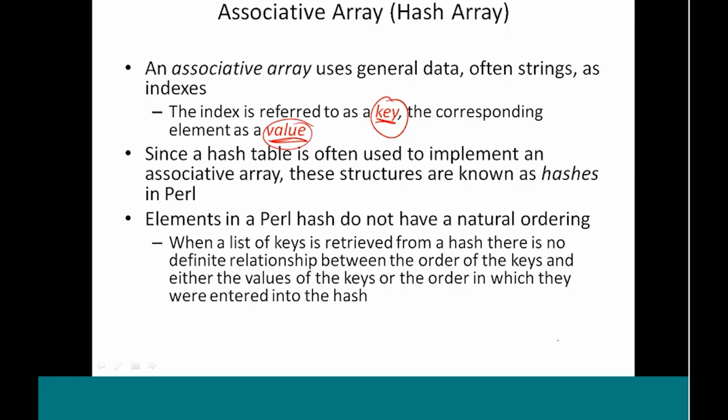So here there is no definite relationship between the order of the keys and either the values of the keys or the order in which they are entered into the hash. We just enter values, and they can be attached anywhere within the array.